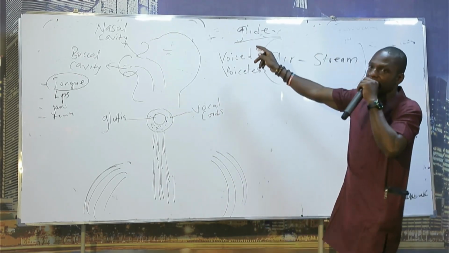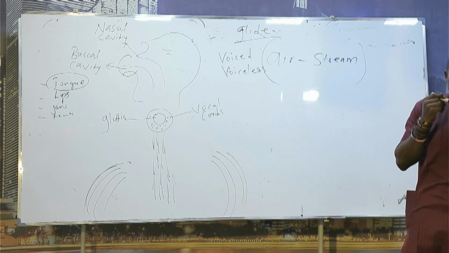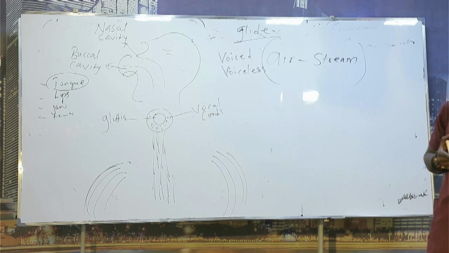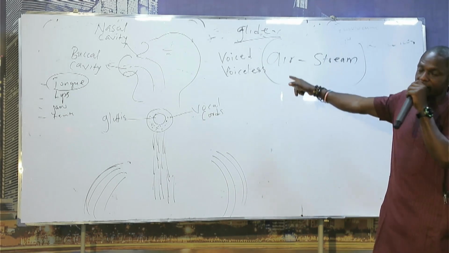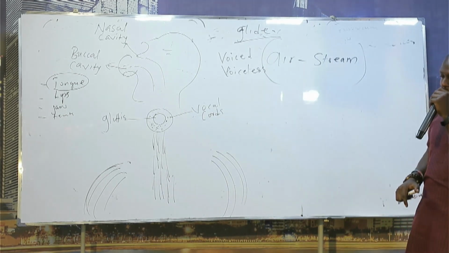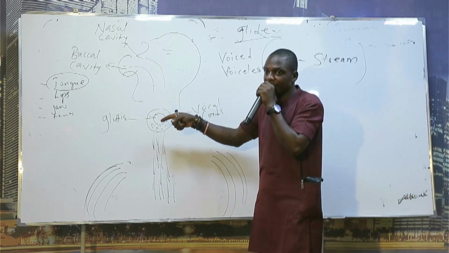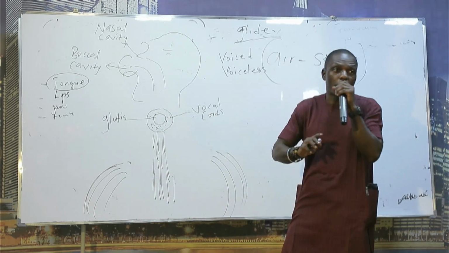The movement of the tongue in sound production is called gliding, or glide. So when this glide happens on a sound, such as a vowel sound, it now becomes voiced.